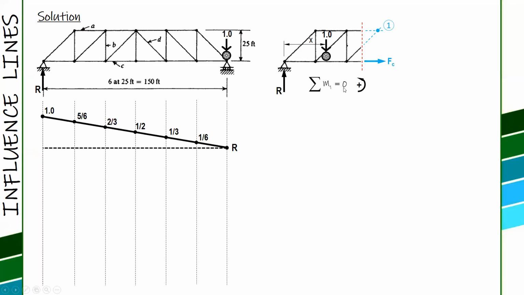And then, the conditions of equilibrium. Sum up moments at 1. You have this: FC times 25 plus 1 times, this is 75, right, up to joint 1, 75 minus x, then minus R times 75.